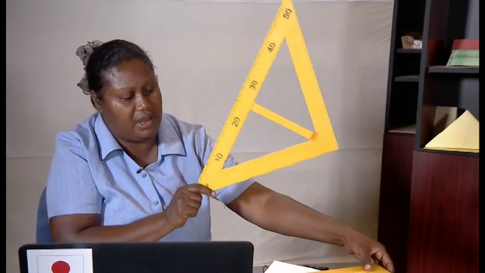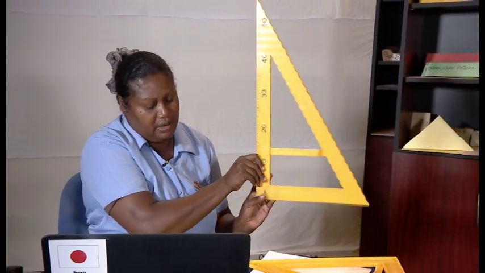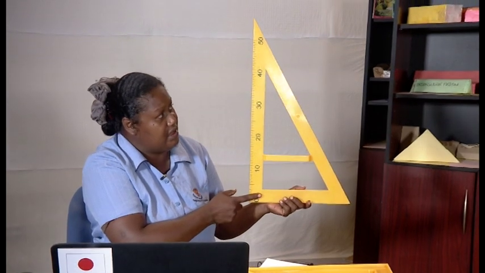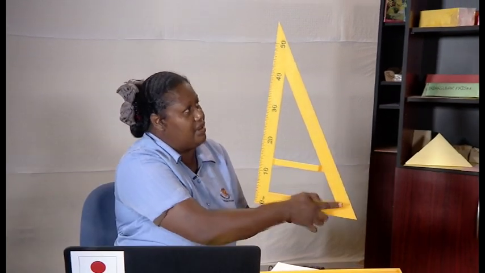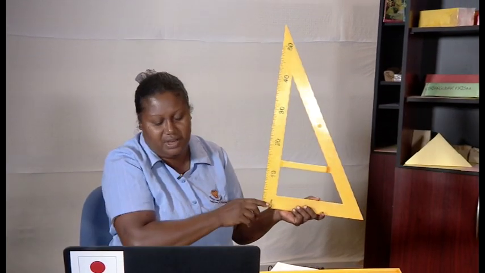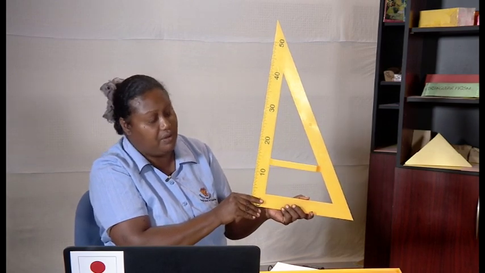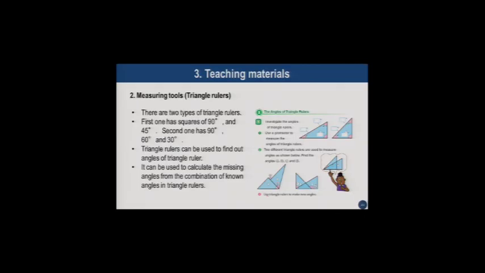And the second one has 90 degree, 60 degree, and 30 degree. They can be used to find out angles.